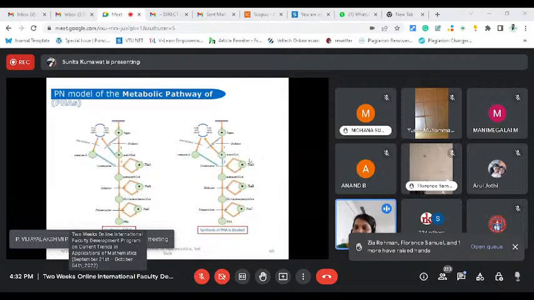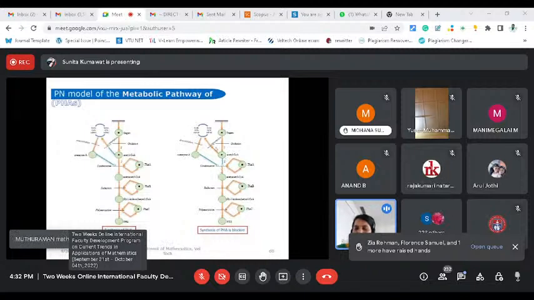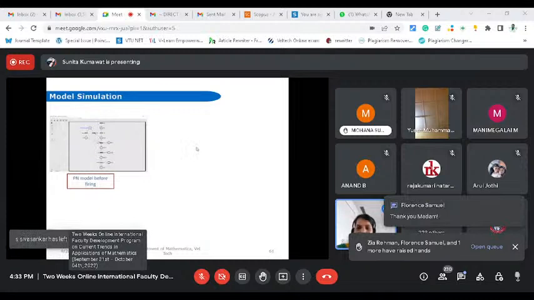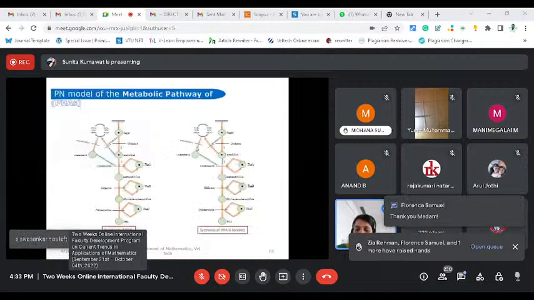So the process is there, the input condition is there, and we are checking whether, after firing this process, PHA is synthesized or not. If it is synthesized, then we have to do those things. If the model is not firing, it means there are some dead transitions, so our network is dead.